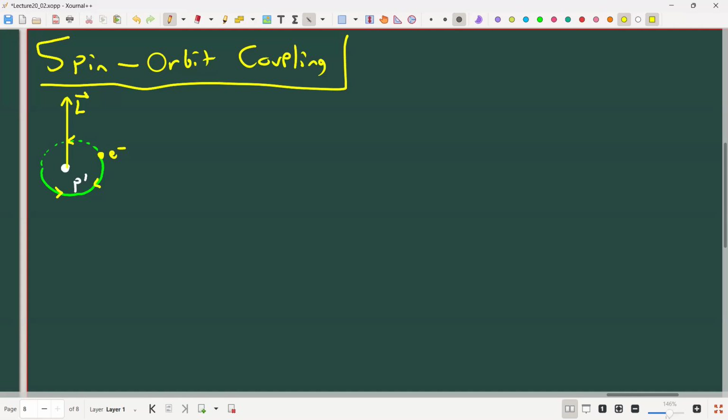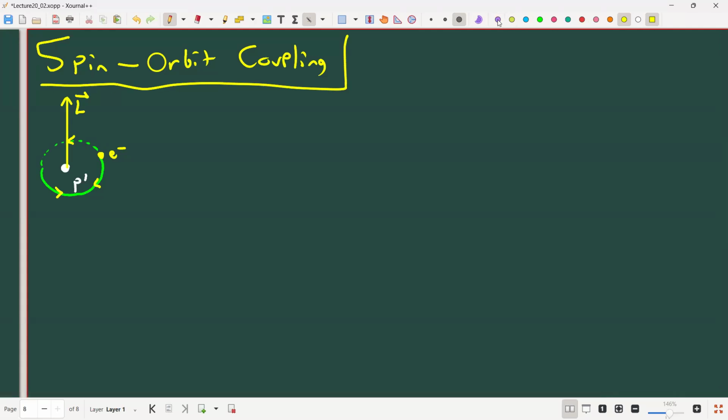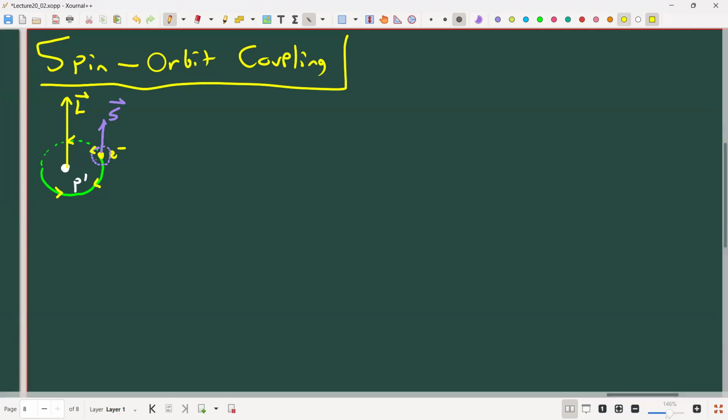What's happening at the same time? Well, the electron also has its own angular momentum, its internal angular momentum, which is its spin. And so what you can think of is that the electron kind of looks like it's orbiting around its own axis, with some spin angular momentum. And if the spin's in that direction, then it would also be rotating counterclockwise around its own axis.